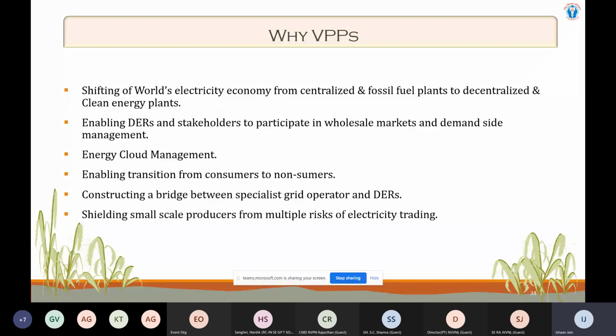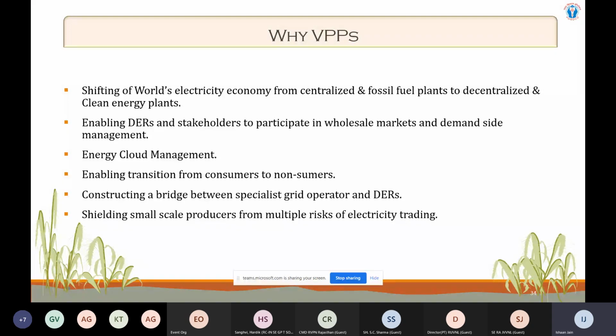Why do you require a virtual power plant? We are slowly moving from traditional fossil fuel plants to decentralized RE power plants, and the COP24 requirement, the climate agreement requirement, all say that you need to shift to RE power plants, or optimize the use of coal.